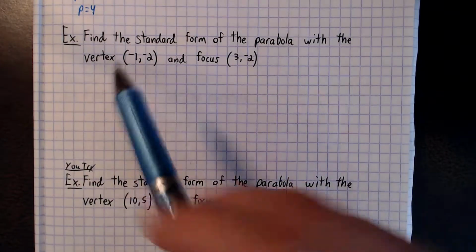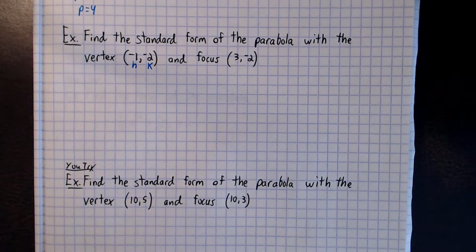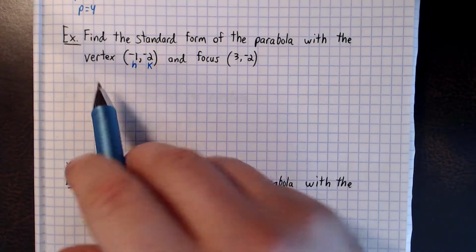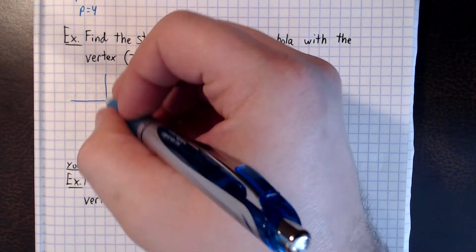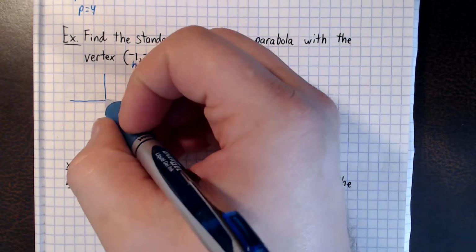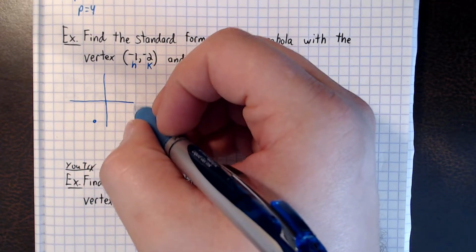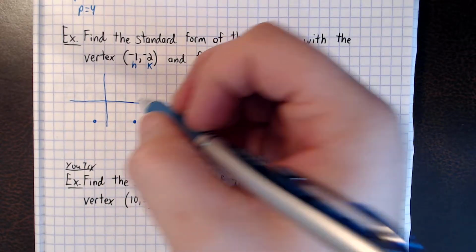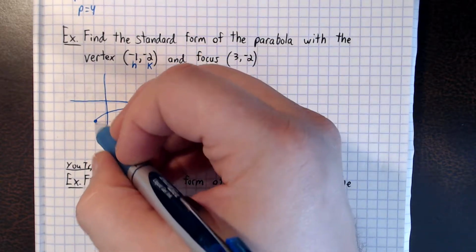Some things that we should probably do right away this time: let's label our vertex with h and k. Let's take a quick look at what this looks like. Let's see, (-1, -2). Then we have (3, -2).